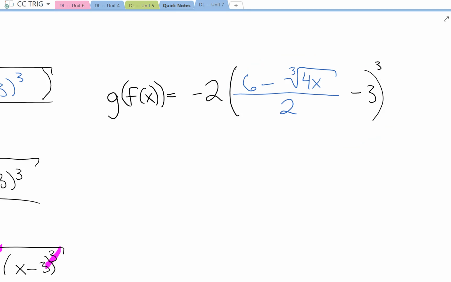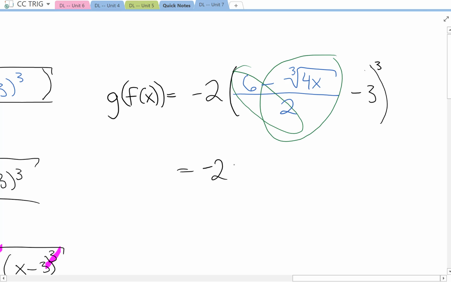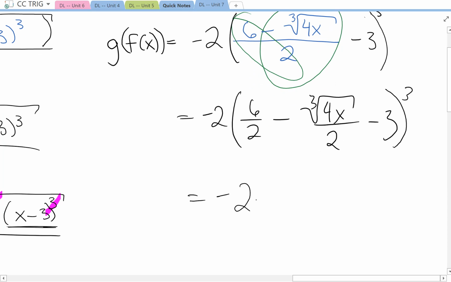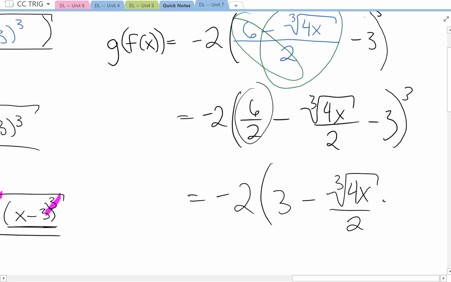The first thing I'm going to do is separate this fraction. 6 over 2 minus cube root 4x over 2, minus 3 quantity cubed. 6 over 2 is 3, minus cube root 4x over 2, minus 3.